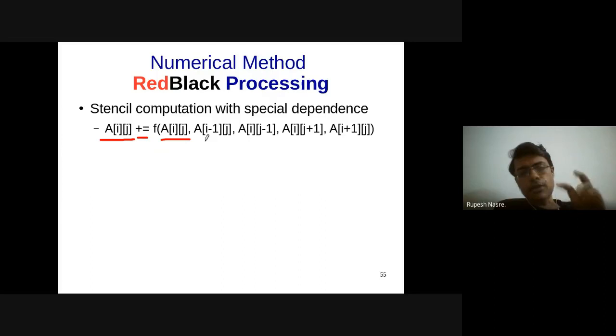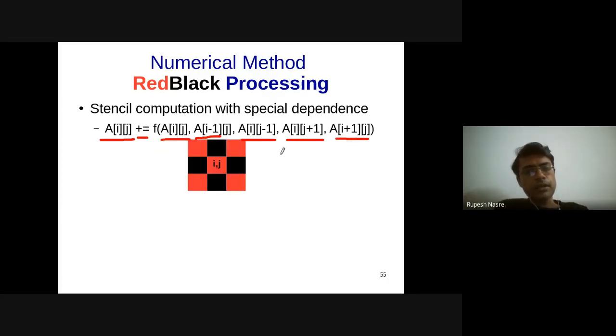And then it is computed using the values of the previous row's element, that is its immediate upper neighbor, then in the same row the previous neighbor, in the same row the next neighbor, and in the next row the down neighbor. So these are the four elements that we need to read from, and so ij is reading from these four neighbors.